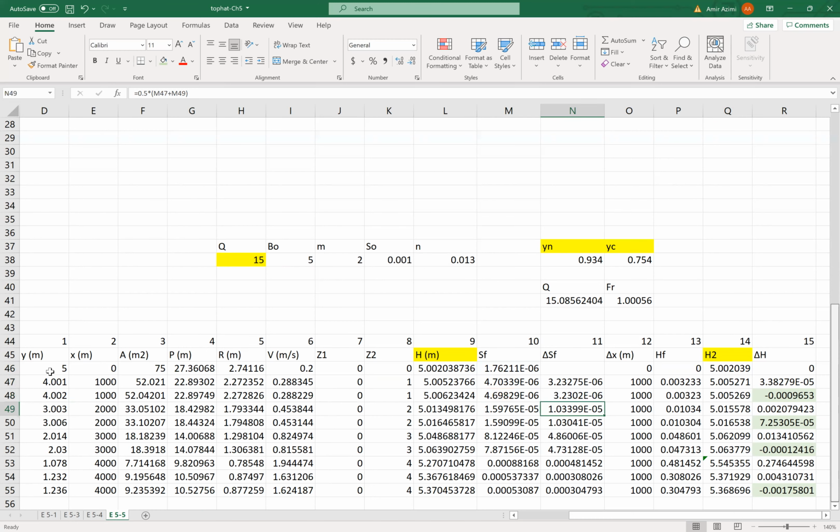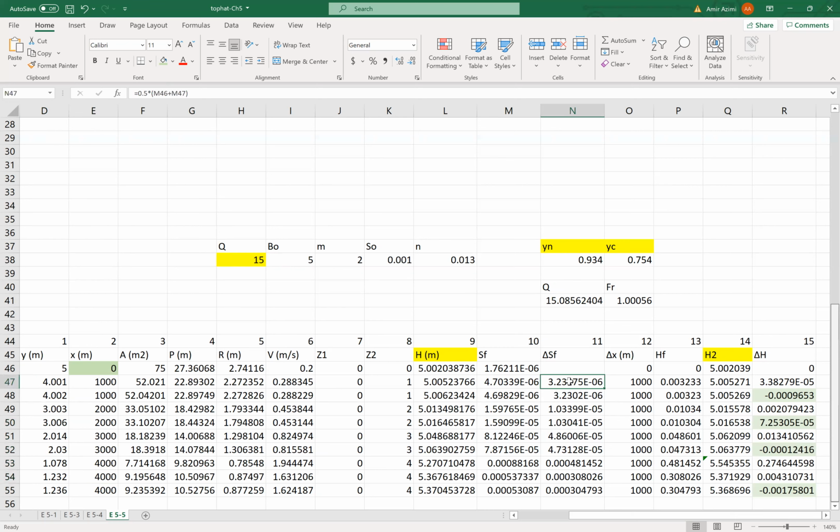You see that each one of those is a different point. This is right at the location of the spillway, and then I have the next point, 1000. This is the trial. Then I have the next point, and trial, next point, and trial, next point, and trial. This is how we can have more than one trial.